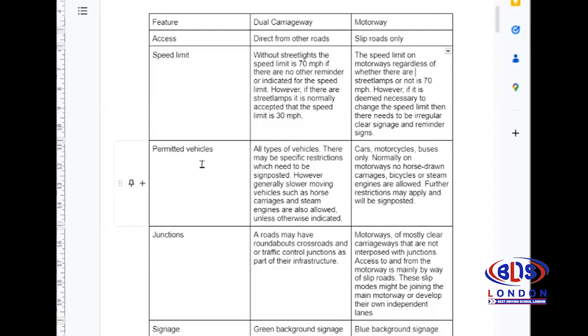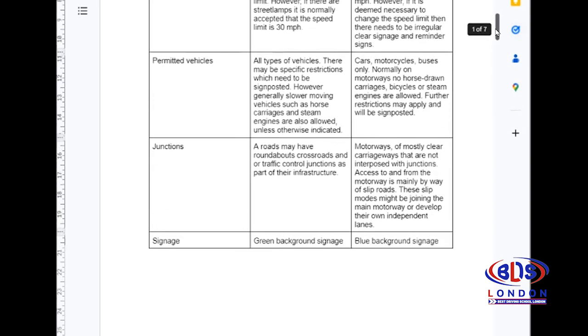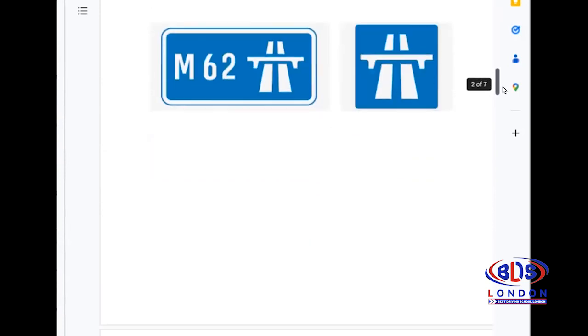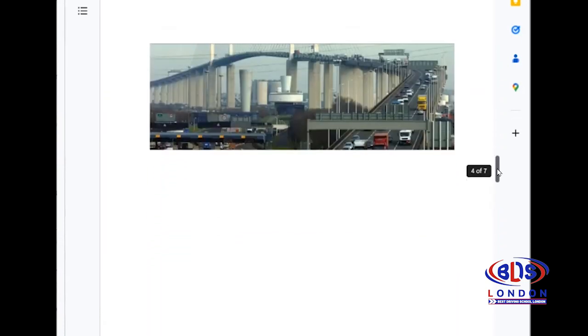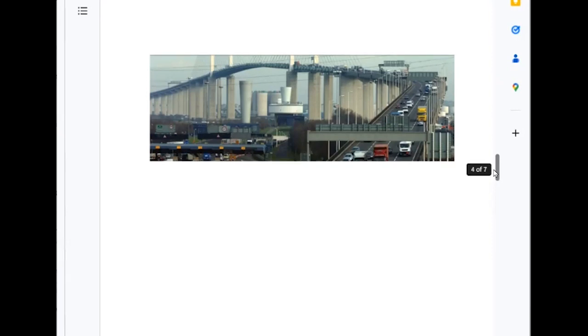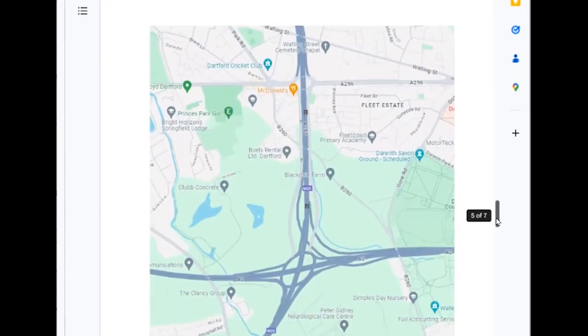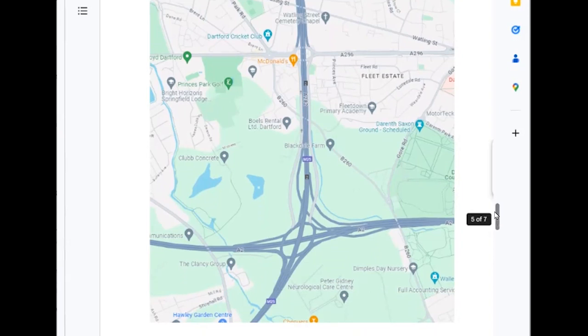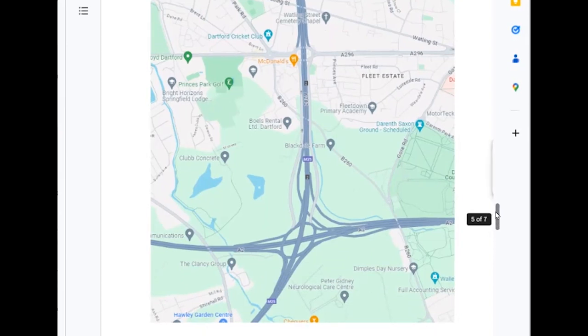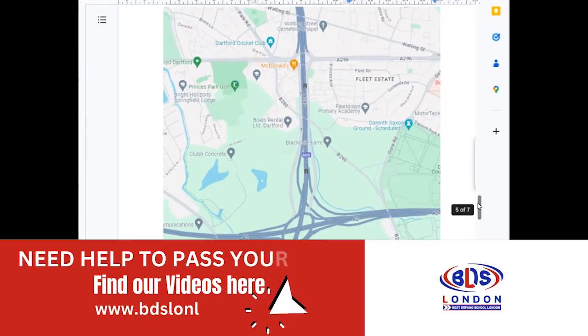So think about permitted vehicles. Imagine you've got a river where you've only got certain crossing points. You can't take your horse-drawn vehicles, bicycles and various other slow-moving vehicles across the river using the bridge or the tunnel, because it's a motorway.